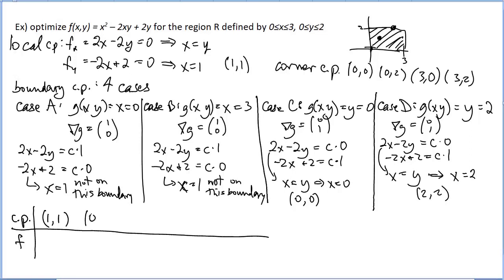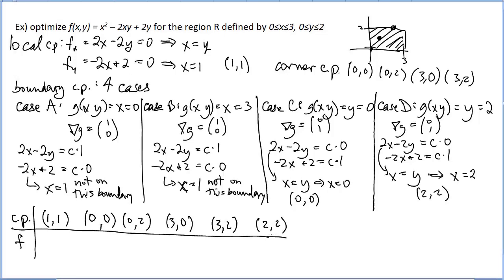We got corner critical points, 0, 0, 0, 2, 3, 0, and 3, 2. And we got boundary critical point 0, 0, but we already have it. It was one of our corner critical points. And we also got boundary critical point 2, 2.